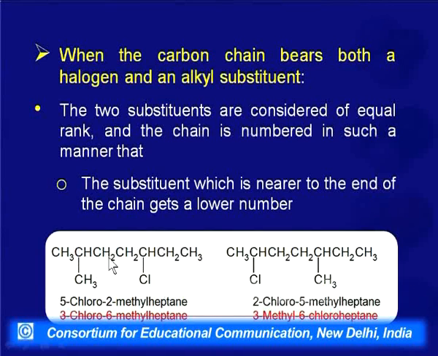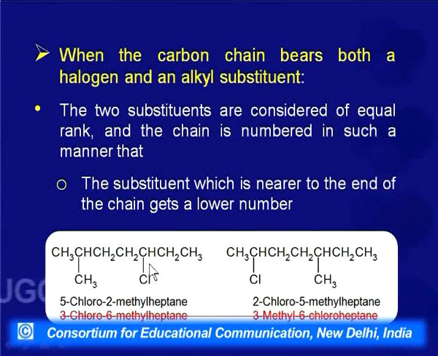So the longest chain happens to be of course a heptane chain, for which we are saying 5-chloro, and the methyl at second place. And as we see in its rule, the substituent which is nearer to the end. So which substituent is nearer to the end? It is the methyl, not the Cl, because Cl is 3 atoms farther.